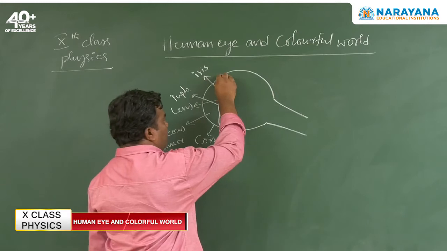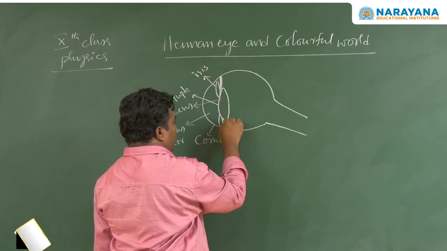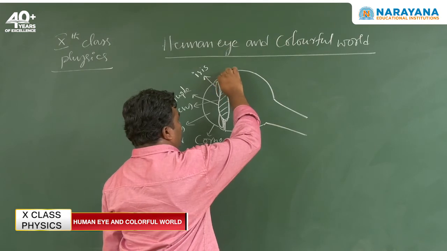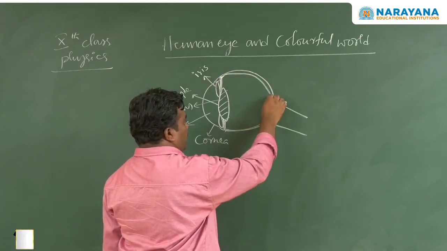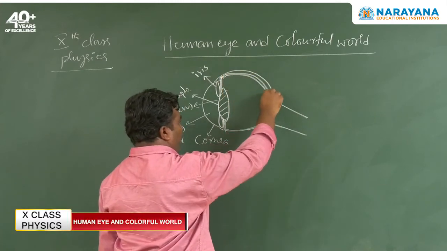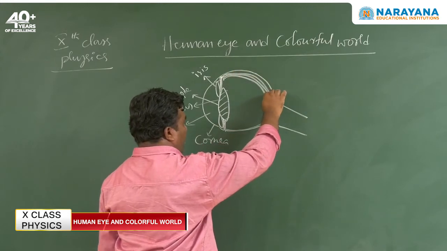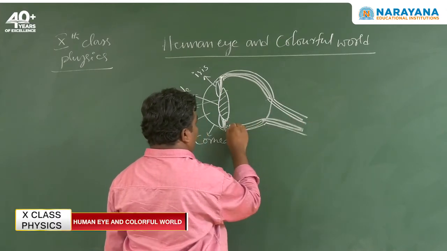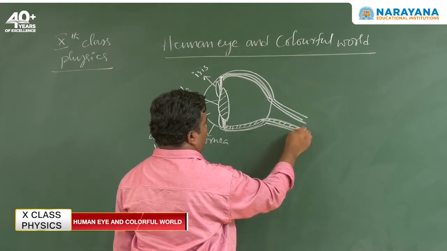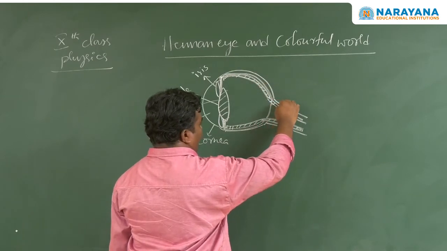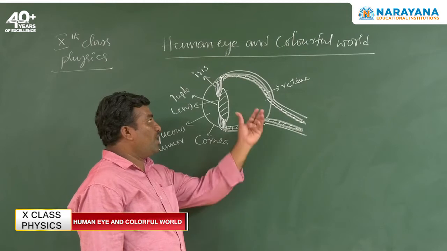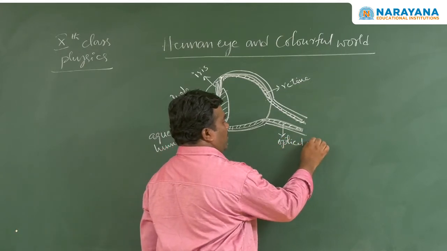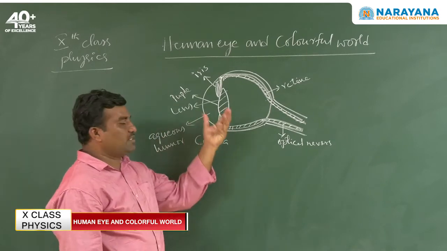You can also observe the ciliary muscles, and this is connected to the retina, and these are all optic nerves.